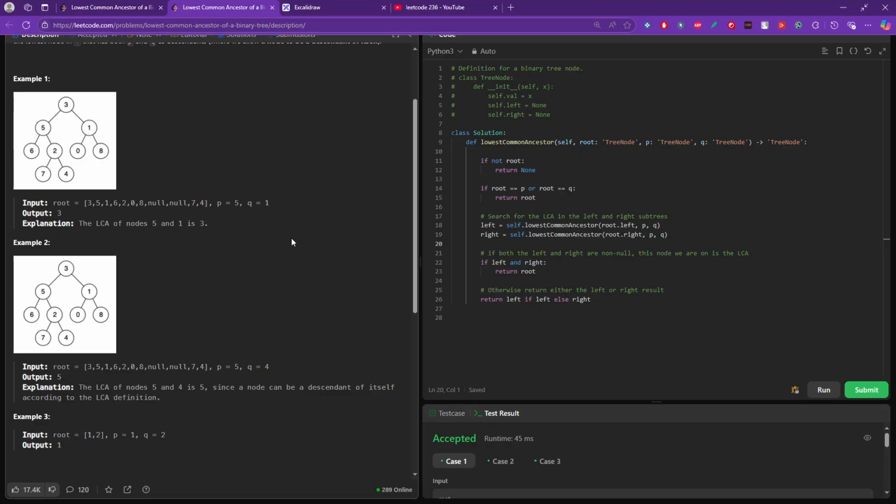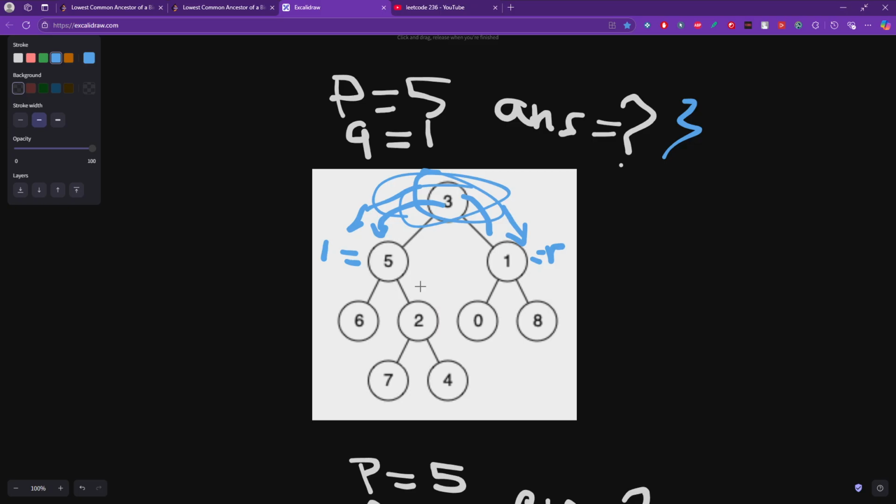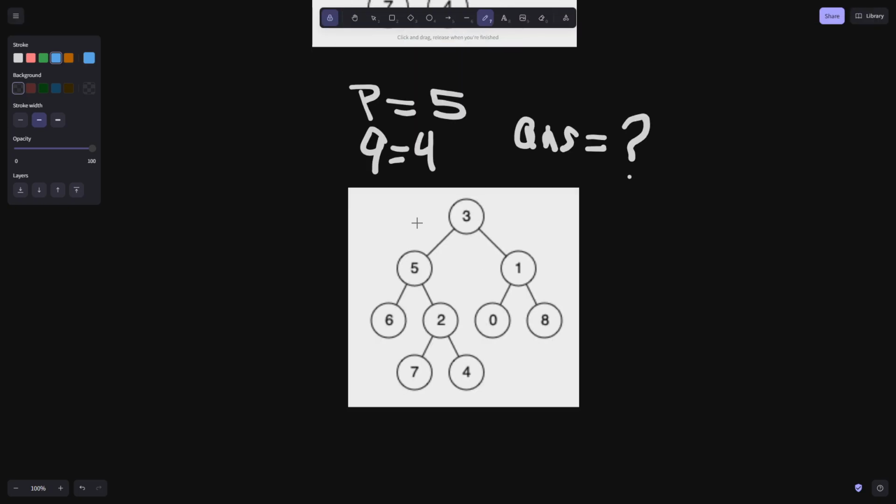Example 2, the LCA should be 5, and I'll show you why. Again, we start at the root node. We go left. Okay, is this 5 equal to P or Q? Yes, it's equal to P, which is 5. This is going to be left. We're going to go back up, and we're going to go right. And when we go to the right and check recursively, we never find anything anywhere. We go back up, go up here, we go like this, then we go here, and we never find P or Q anywhere in this right subtree.